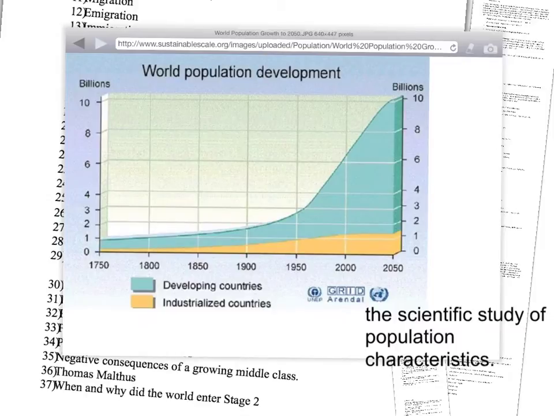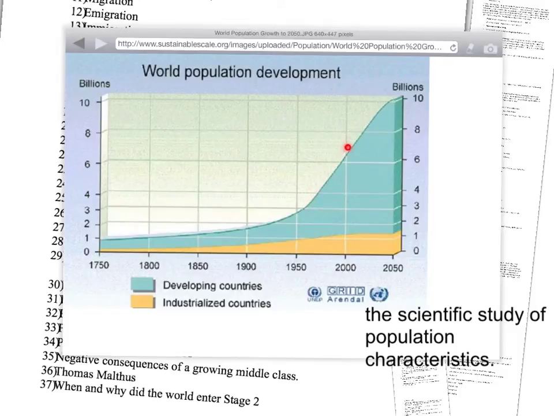Around the year 1800, according to this map, we reached the 1 billion threshold. So it was very gradual growth up until that point, but then it rose fairly quickly, so that by 1950 the world population is around 3 billion.